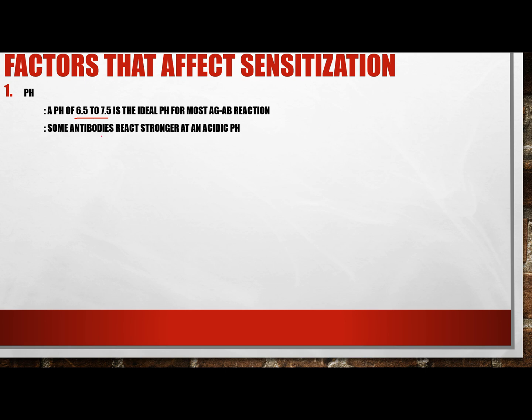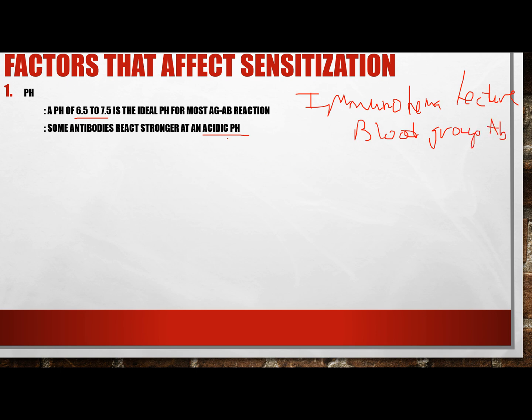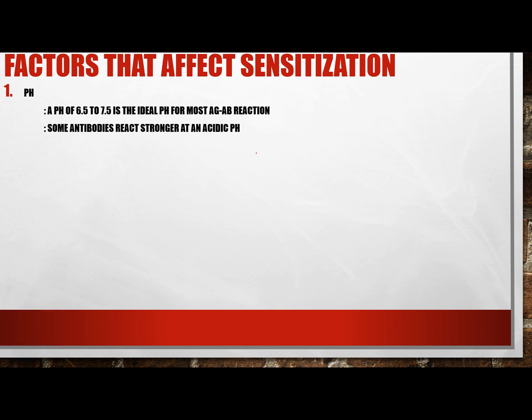But there are some antibodies, class, that would react at an acidic pH. In your immunohematology lecture, you will learn which different blood group antibodies would react at a stronger pH. So take note of that.